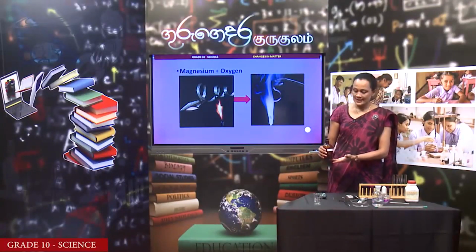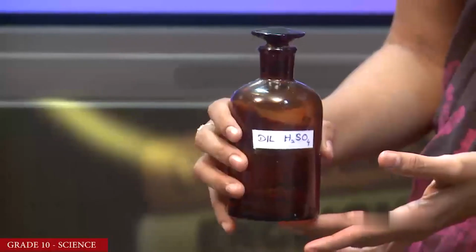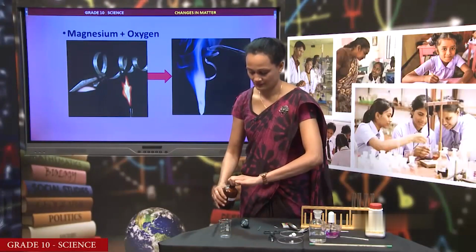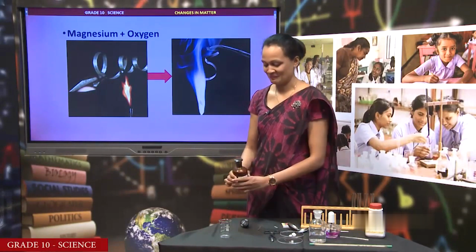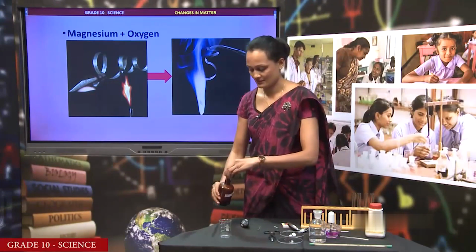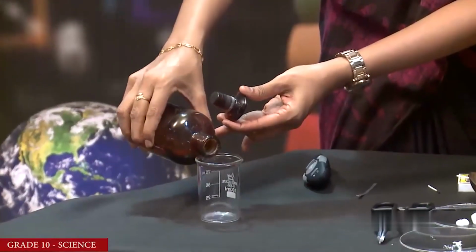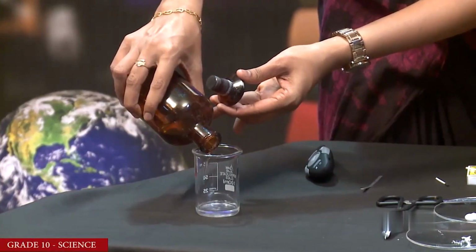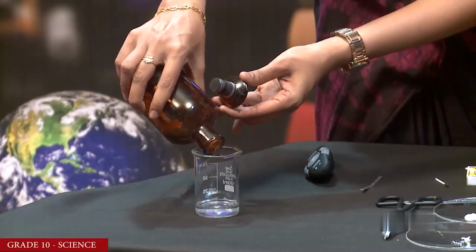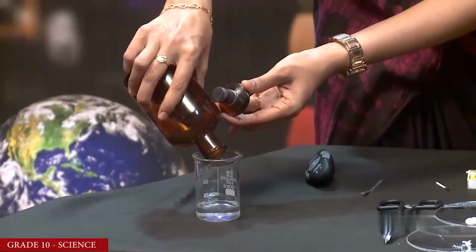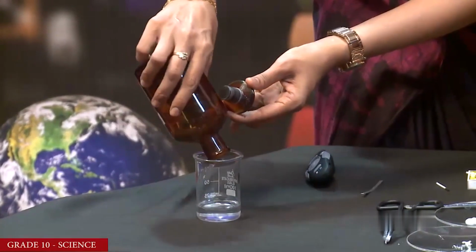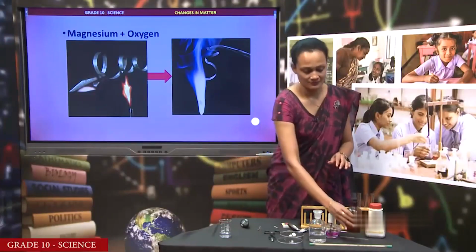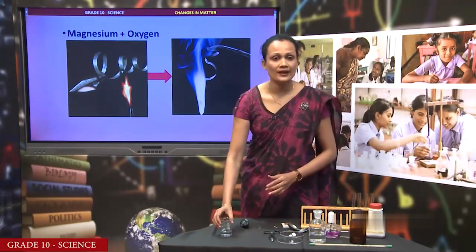Here is sulfuric acid. First I am pouring sulfuric acid into the beaker. Okay, look at the color of it.